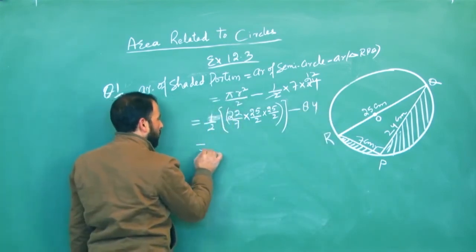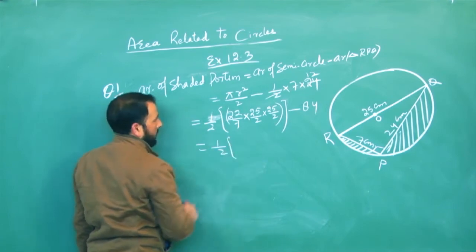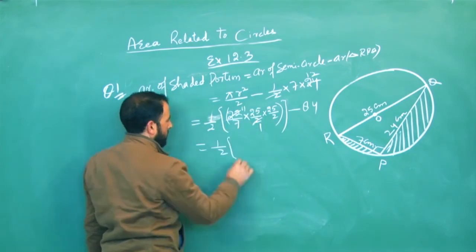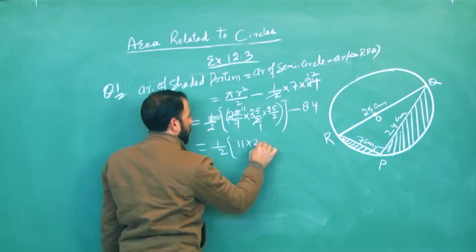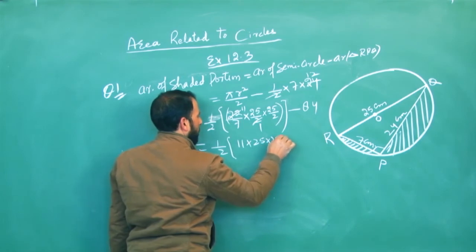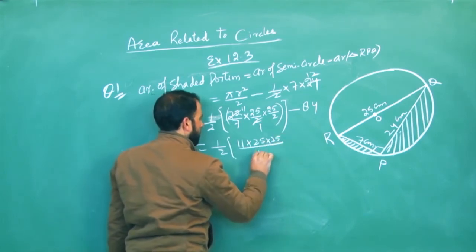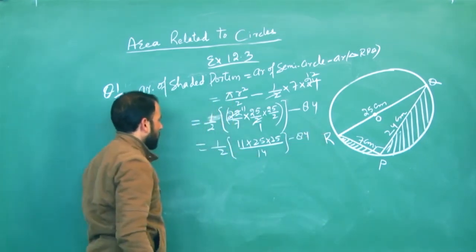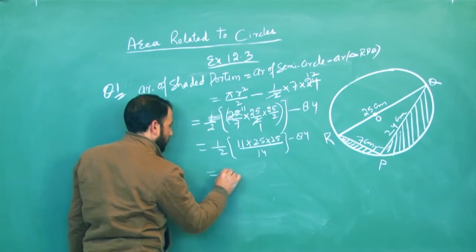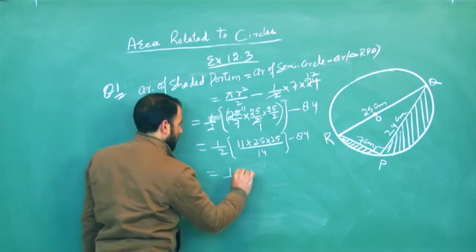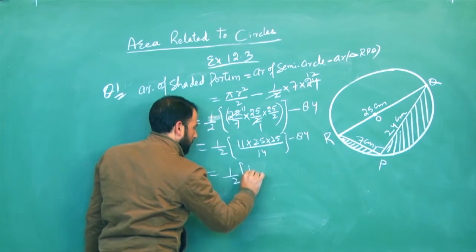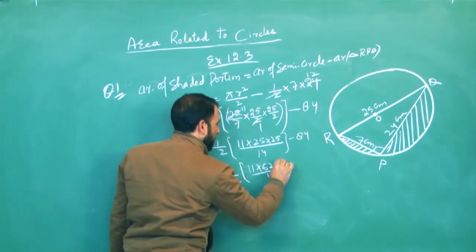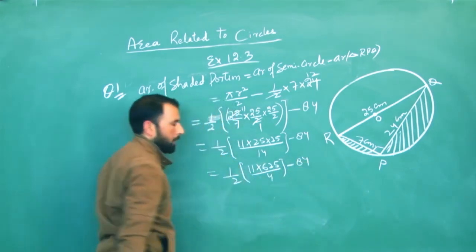So after calculating we get 1 divided by 2 into, 2 ones are 2, 2 elevens are 22, so we get 11 into 25 into 25 divided by 14, minus 84. So here it is 1 divided by 2 into 11 into 625 divided by 14, minus 84.